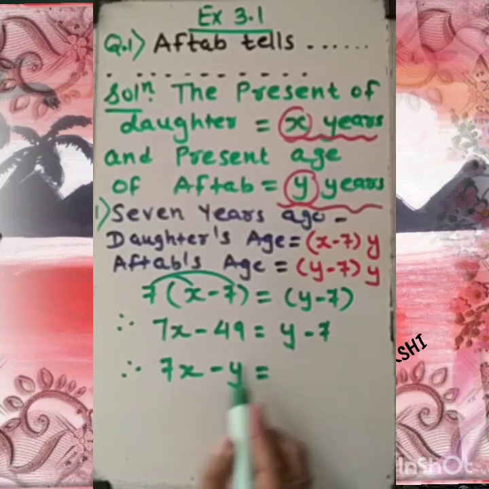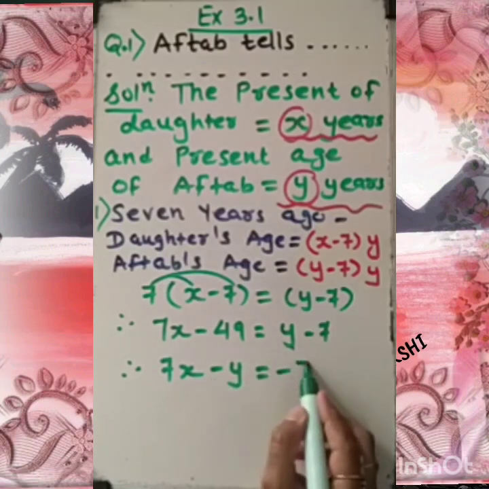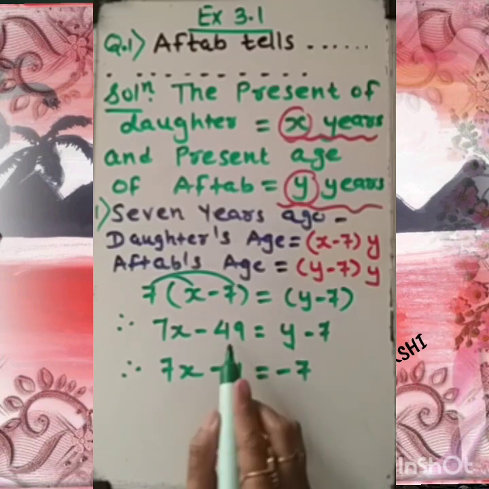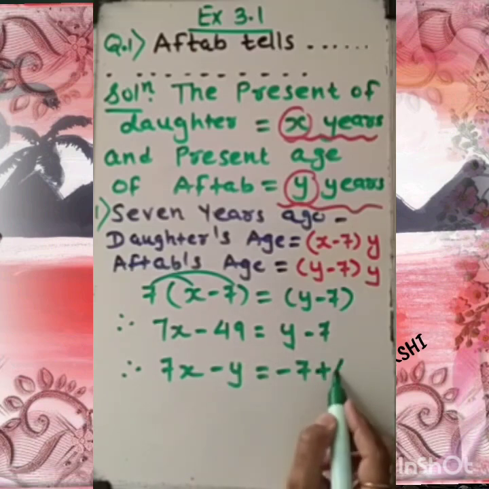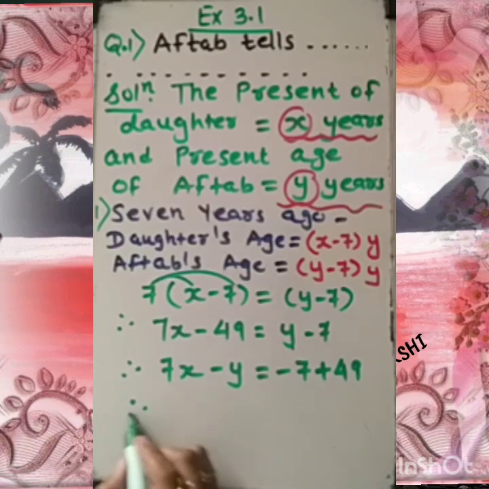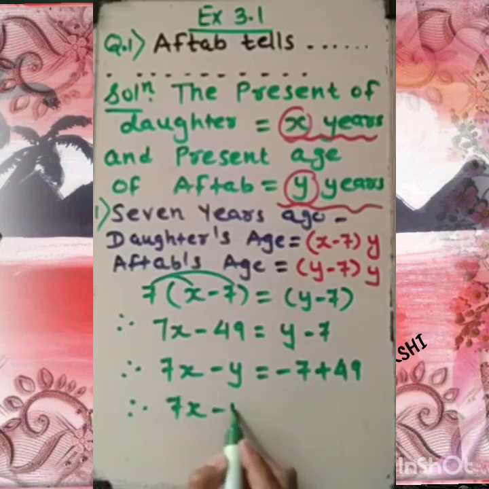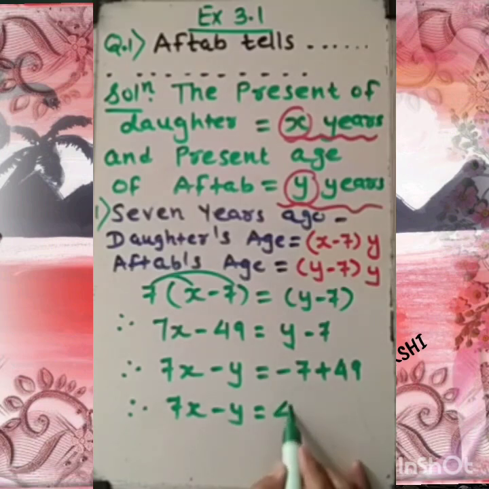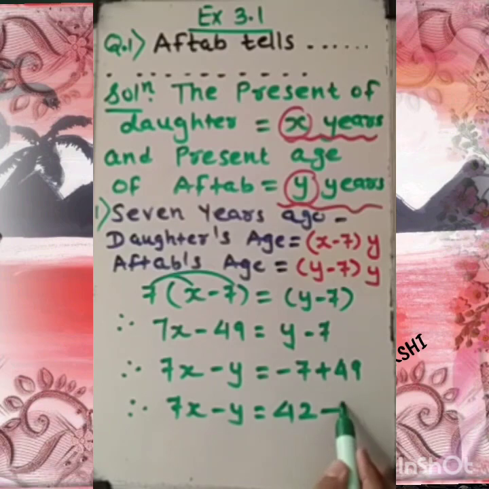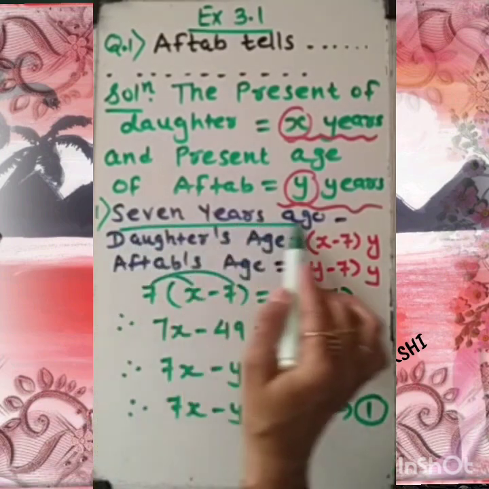I am transposing y to this side. On this side minus 7 is there. Minus 49 I am shifting to this side. Therefore, the final equation is minus 7 plus 49. That gives the result 42. So this is result number 1 with the given detail 7 years ago.